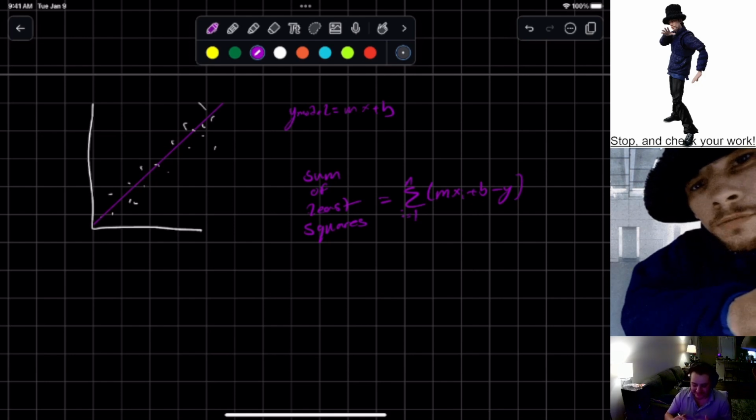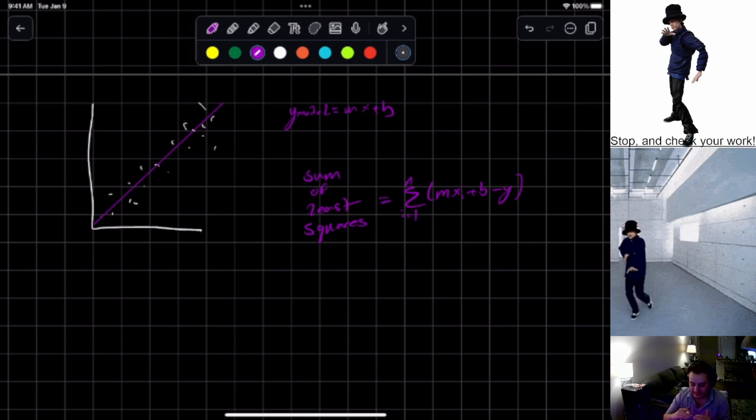One of the things is you have error in this, right? It's not always going to be positive. Sometimes you'll have negative error. So you have to determine whether you want to use the square or the absolute value.